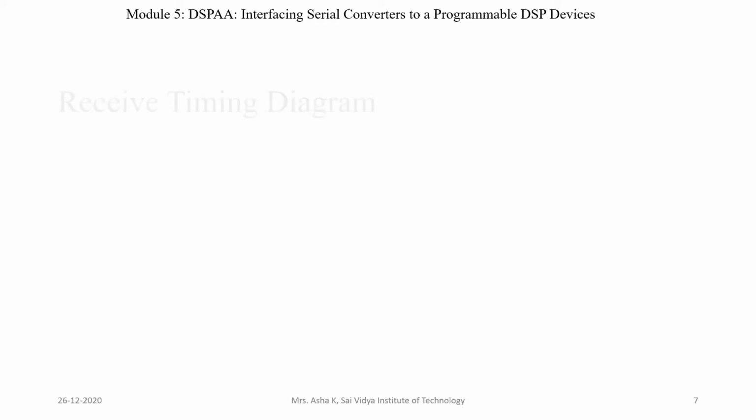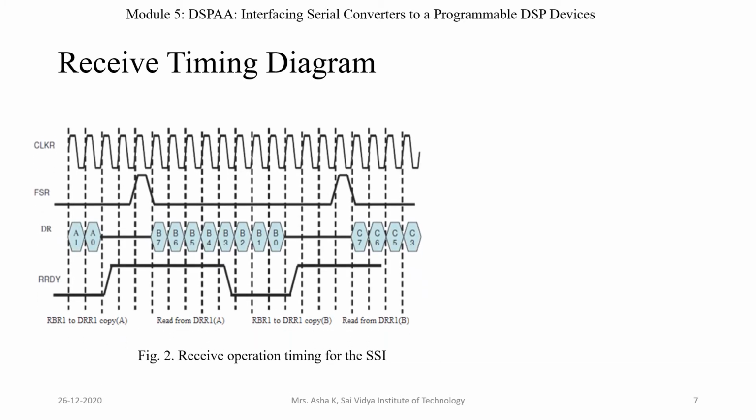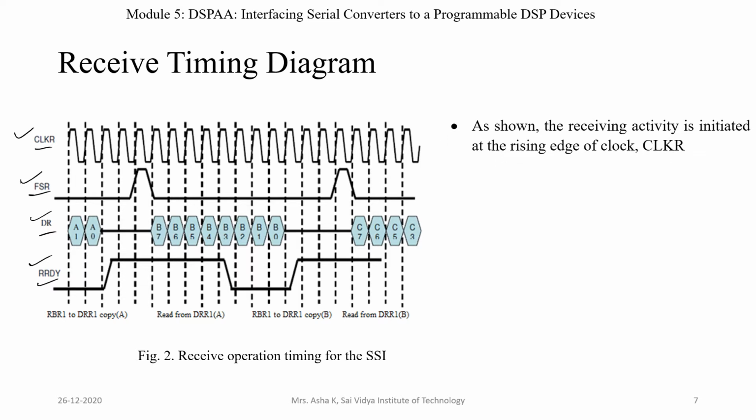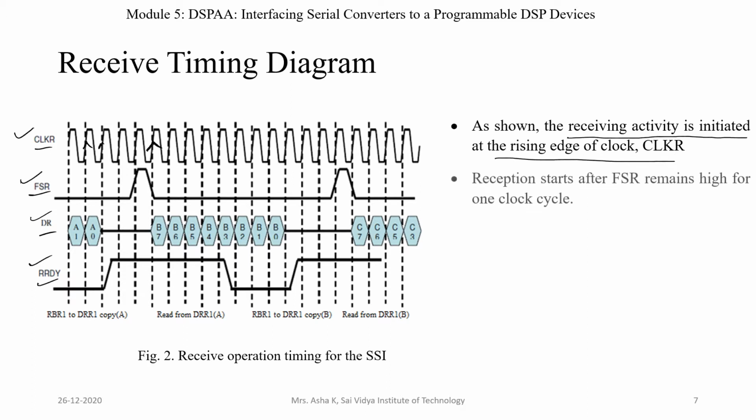In the receive timing diagram, we have basically four different signals: the receive clock, the frame synchronous receive signal, the data input or data receive signal, and the receive ready signal. Here, as shown in the figure, the receiving activity is initiated at the rising edge of the clock. Whenever there is a rising edge, the activity is initiated.